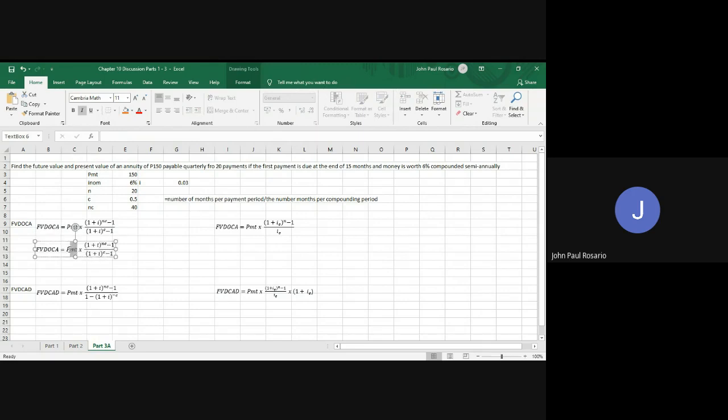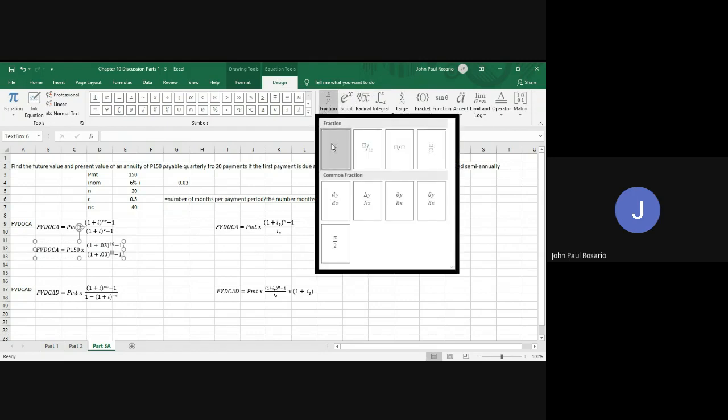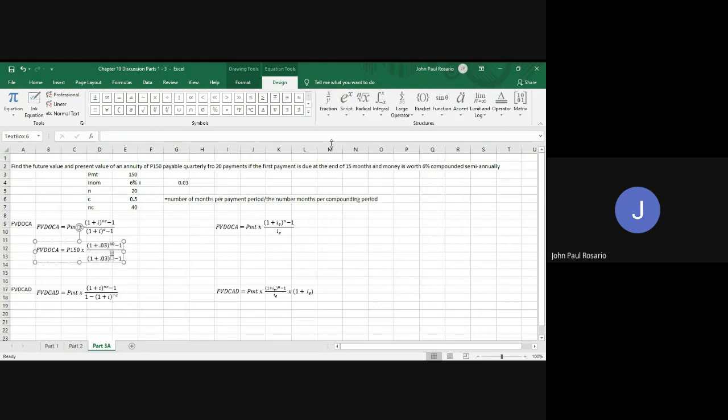So our payment here would be 150 pesos. And then our i here is 0.03, and then we raise that to our nC, which is 40, plus 1. This one is 0.03, and raise that to our C, which is 0.5.